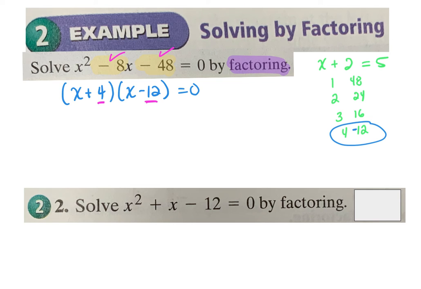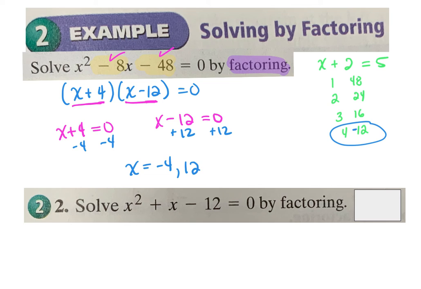So now this looks just like the problems we just had. And we're going to set each piece equal to 0. The x plus 4 equals 0. The x minus 12 equals 0. And then we're just going to solve. Subtract your 4. X can equal negative 4. Add your 12.